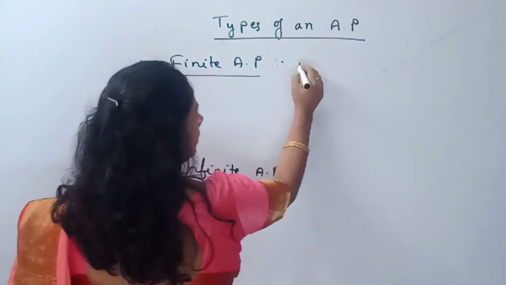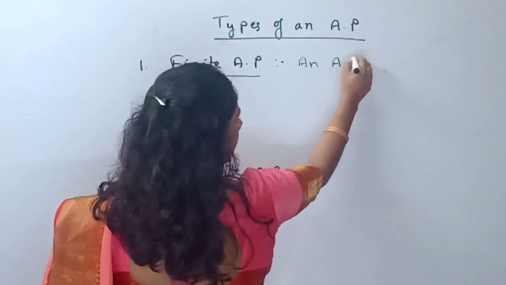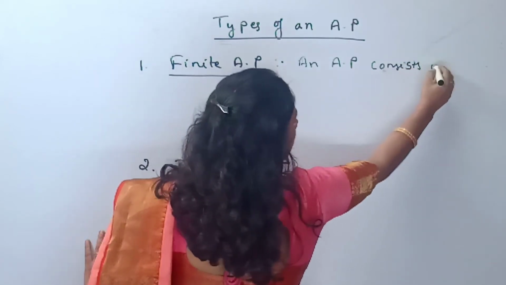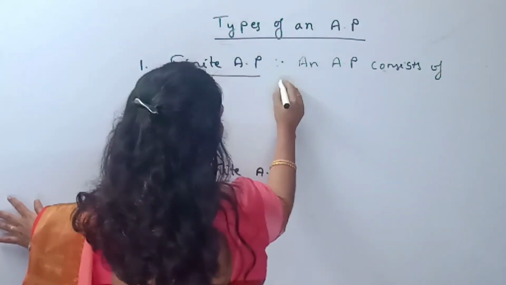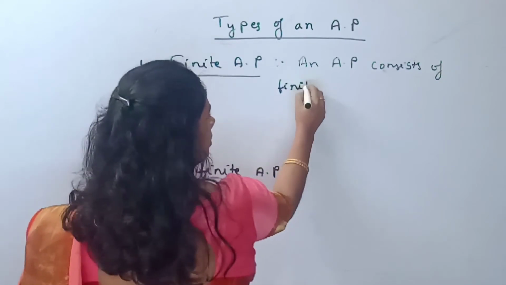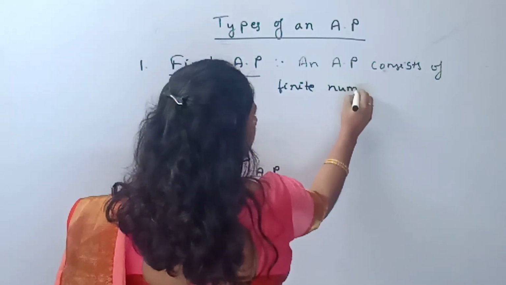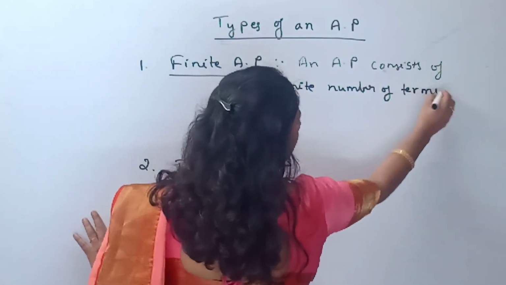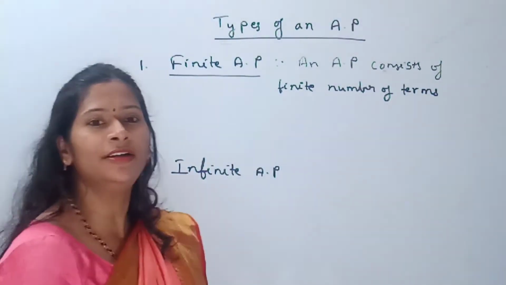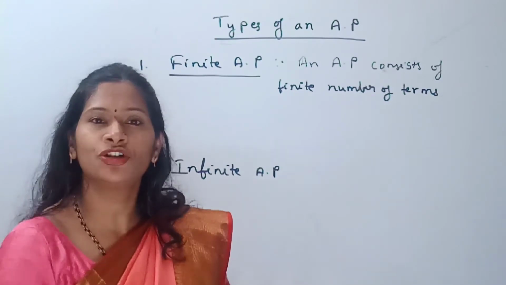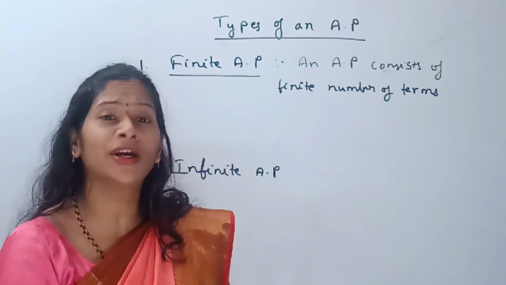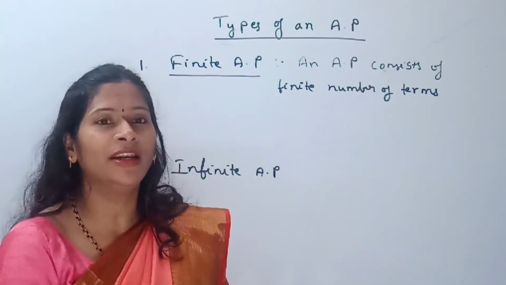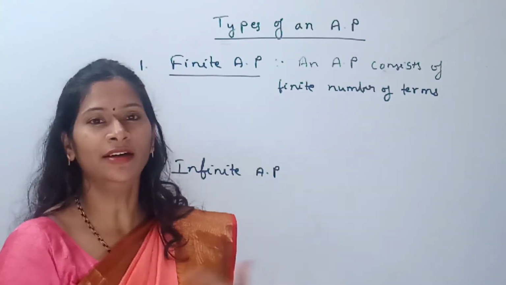An AP which consists of a finite number of terms is called a finite AP. You can count how many terms are there in that AP, children. Such a type of AP is called a finite AP.